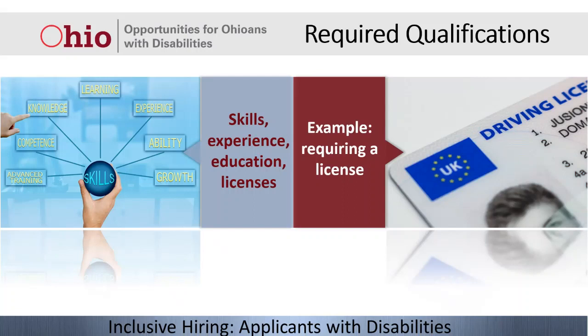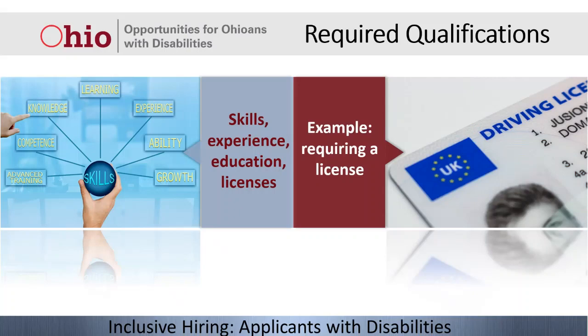In this example, the job description states an essential function is to attend evening meetings throughout the community. And because of this, the employee is required to possess a driver's license. In this scenario, is having a driver's license a need or a convenience?